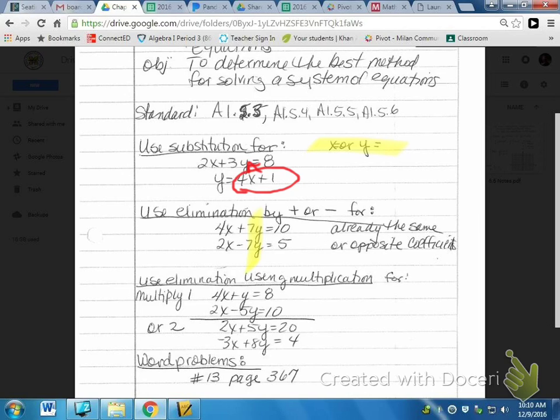I am not a fan of the part where it says already the same. If they're the same, then you should really subtract, but I really don't think that's a great idea. I think that if that's the case, you're really using the next method.